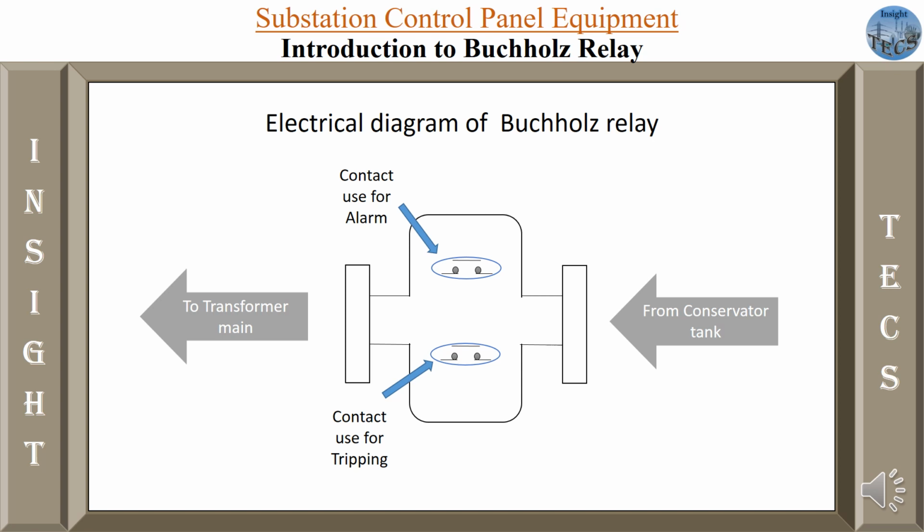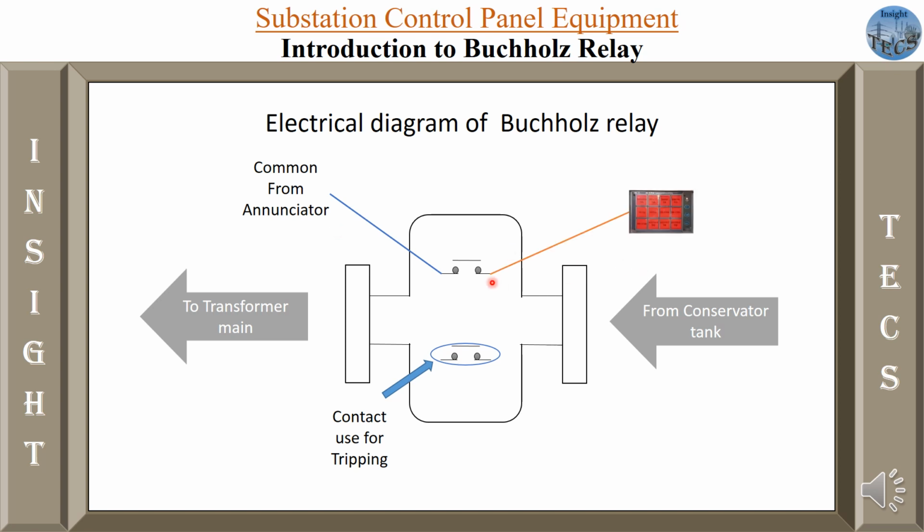For the alarm contact, one terminal is common from the annunciator, and then you can take another contact to the annunciator window which you want to use as the Buchholz alarm indication, right? And the same goes for the tripping.